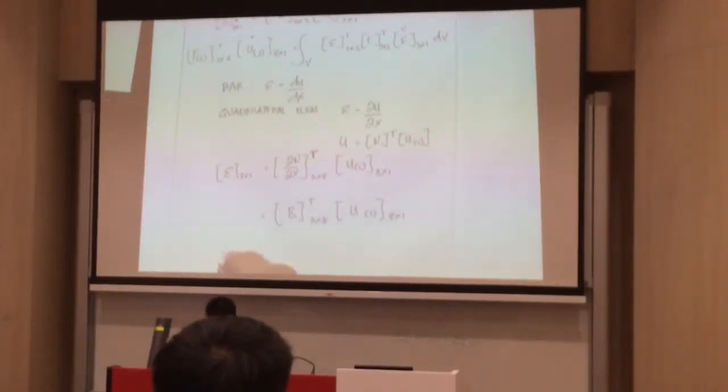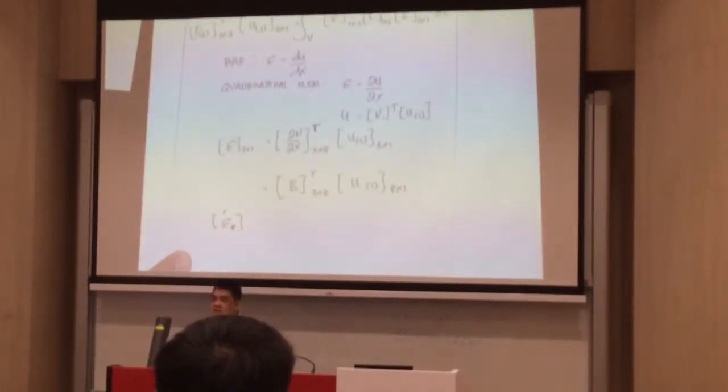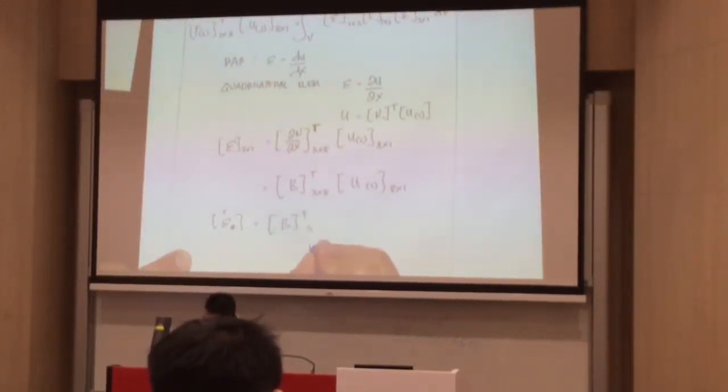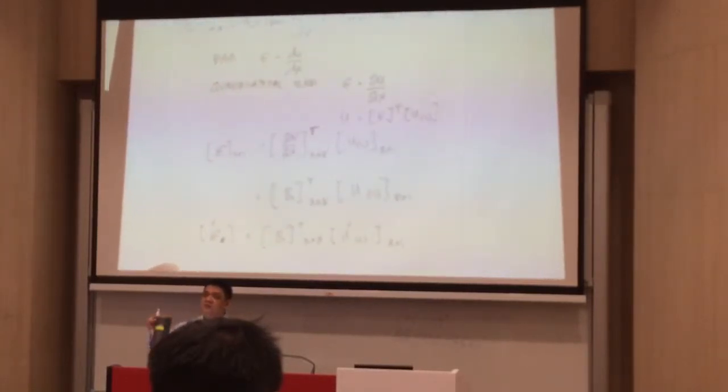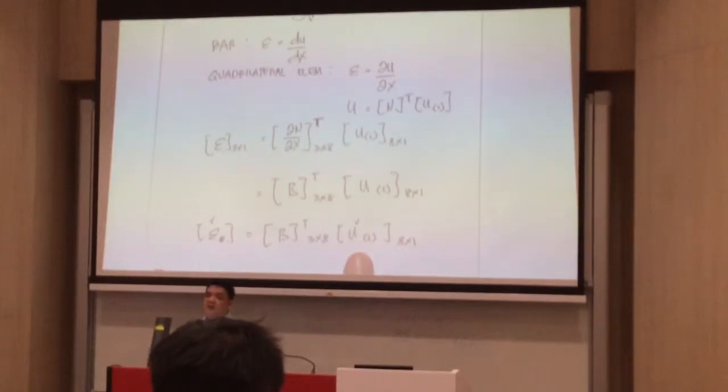So your virtual strain will be the same: B transpose, which is a 3 by 8, multiplied by your virtual displacement, which is an 8 by 1. But like I said, we can substitute an 8 by 8 identity matrix here.